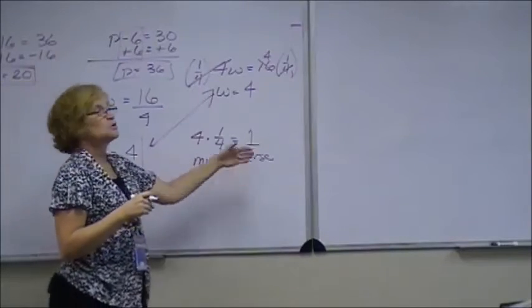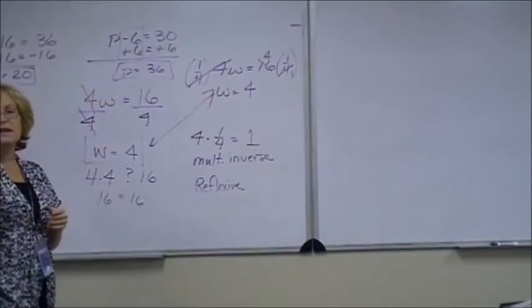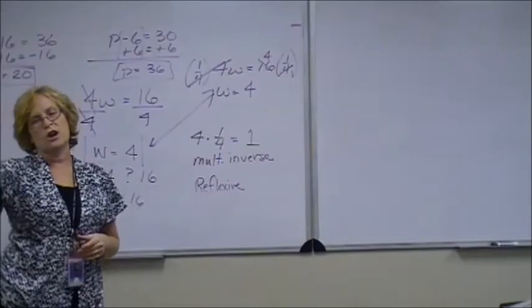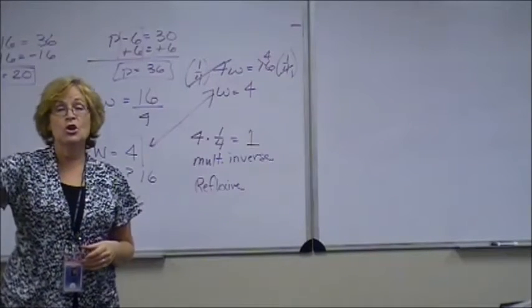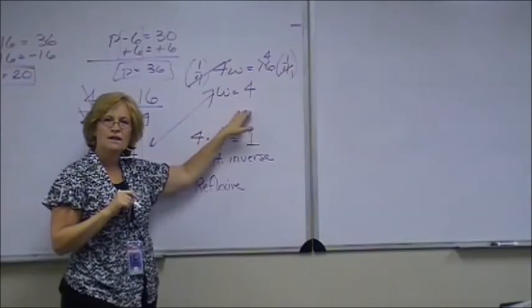So we did use multiplicative inverse. All right, so part 1 we did an addition, had to solve by subtraction. Part 1 we did a subtraction and had to solve by addition. Part 2 we did a multiplication and had to solve by division.